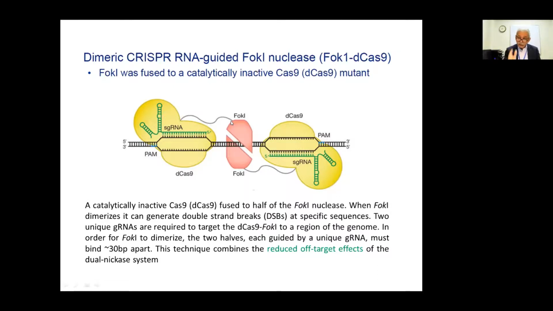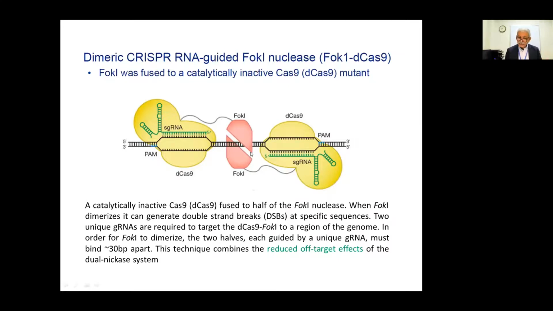They took half of the protein, half of the amino acids on one gRNA, one Cas9 protein, and half of the other. Actually, this enzyme works not as a monomer, but as a dimer. Okay, so one monomer is fused to Cas9 here.